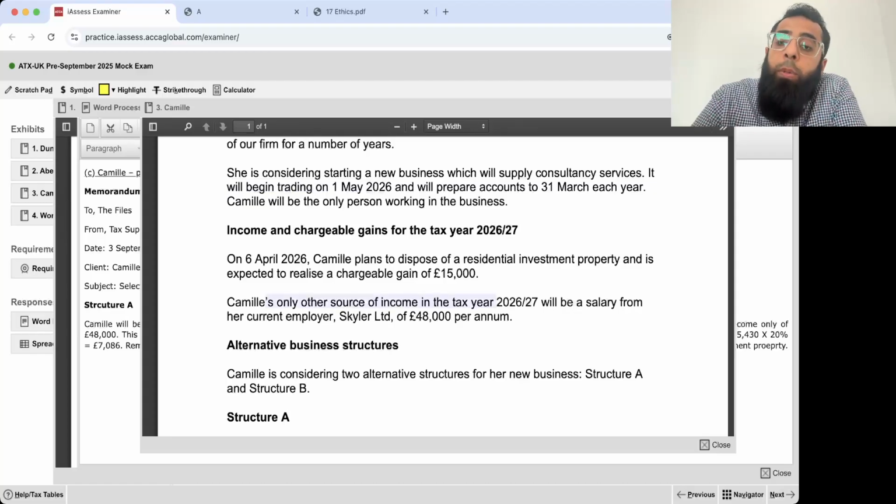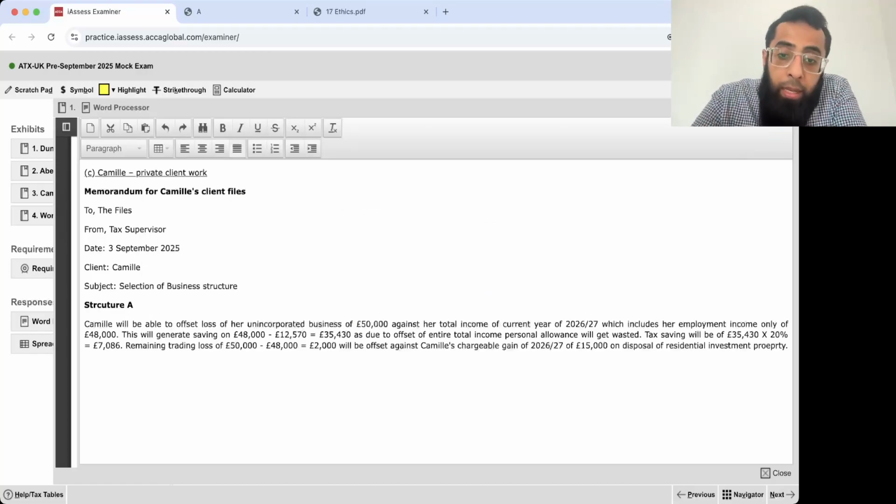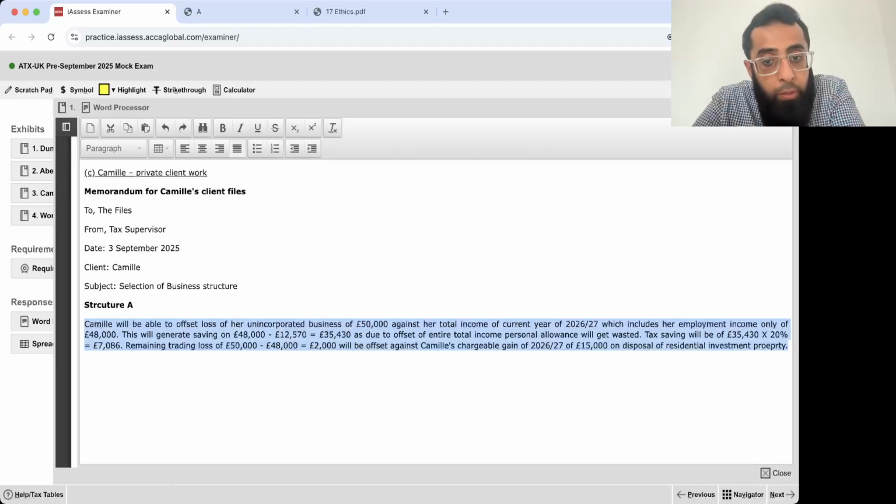And in 26-27, you only have this employment income of 48,000. This will generate saving on 35,430, so the tax saving amount will be 7,086.